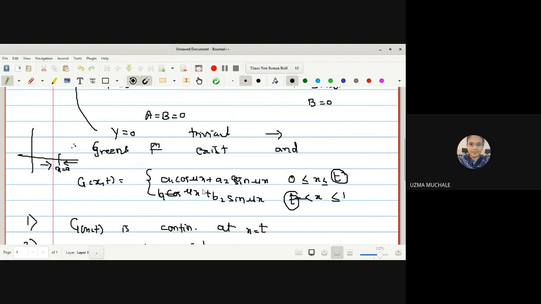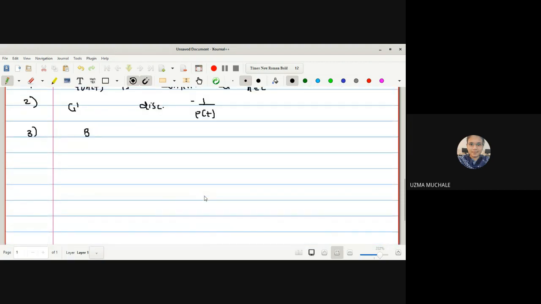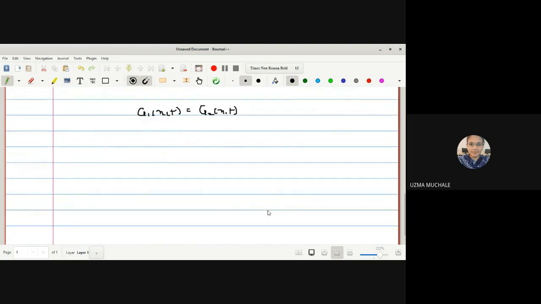So we are going to equate these two terms, and hence g1 of x, t is equal to g2 of x, t. From left and right, we are checking the continuity here, and here also we are checking the continuity at x equal to t. So hence we are going to equate these two functions. We have to write down g1 and g2.